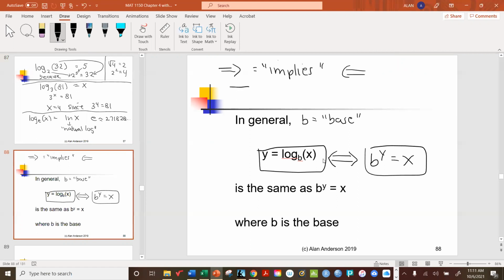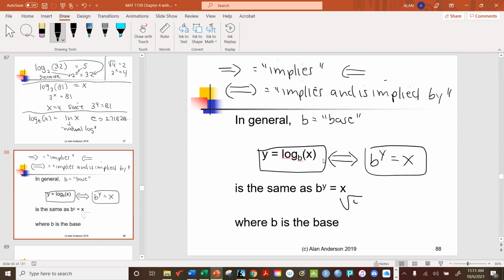When you see a double arrowhead, it becomes implies and is implied by. So in other words, it's just another way of saying that these two mean the same thing. Just like with the square root case.